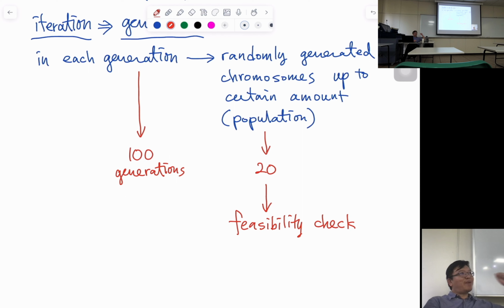Give the bad chromosome a poor score. But there is still a possibility that the poor chromosome can contribute in the future. Okay, I will tell you about the score later on. So here you need to make a decision. What do you do for infeasible ones?